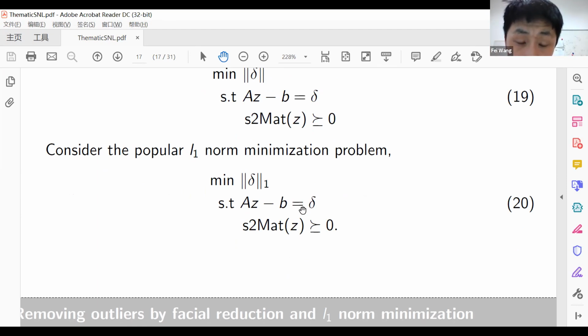In this delta, if a component delta i is big, then the ith tower will be an outlier. So we remove the tower.